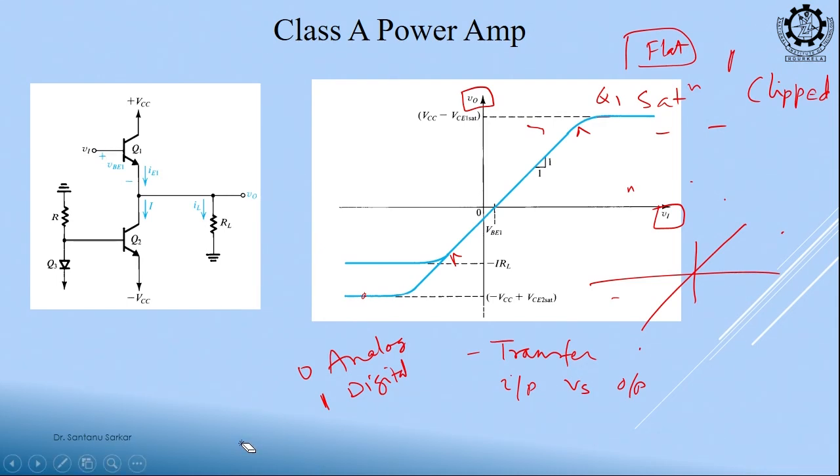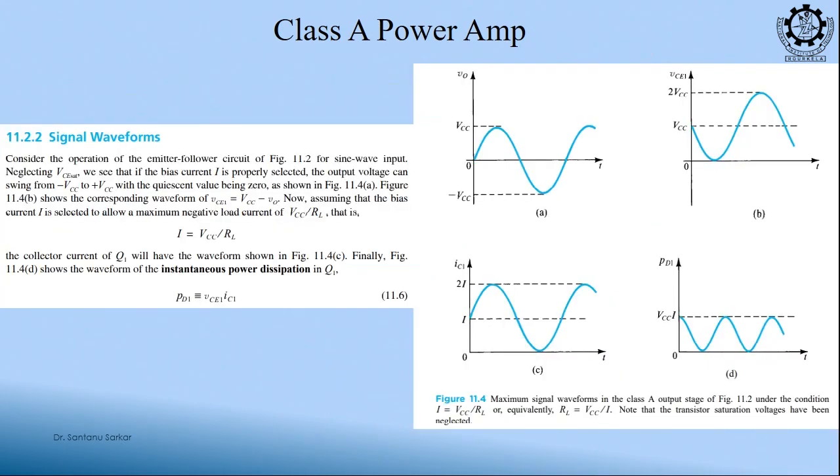Okay. So, Q2 is our biasing and Q1 is our main driver, and this driver is on for the full 360 degrees of the input sine wave. So, this falls in the category of class A. Now, these are the different plots.